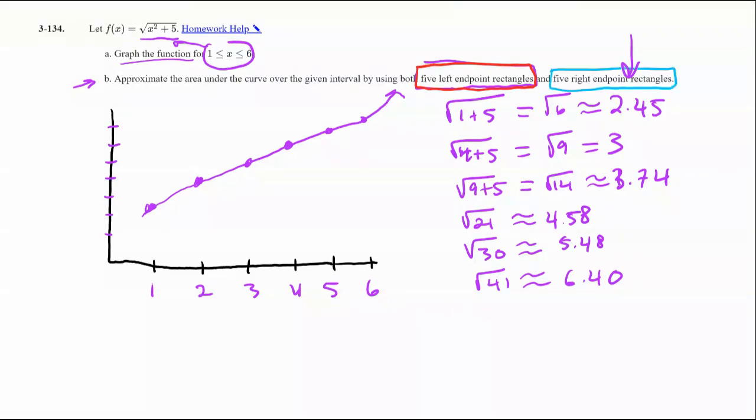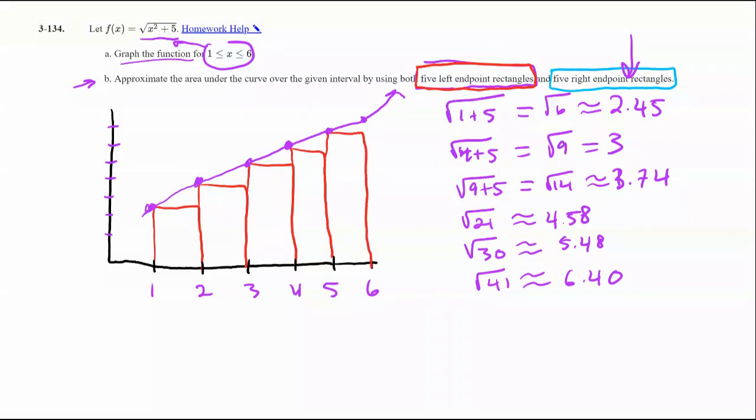The reason that these values are so important is because these are really going to tell us the height of each of my rectangles. The width, super easy. When I create them, I'll start with my left endpoint. The left endpoint should be the height of my rectangles. So when I'm doing the left endpoint, here are my 5 rectangles.